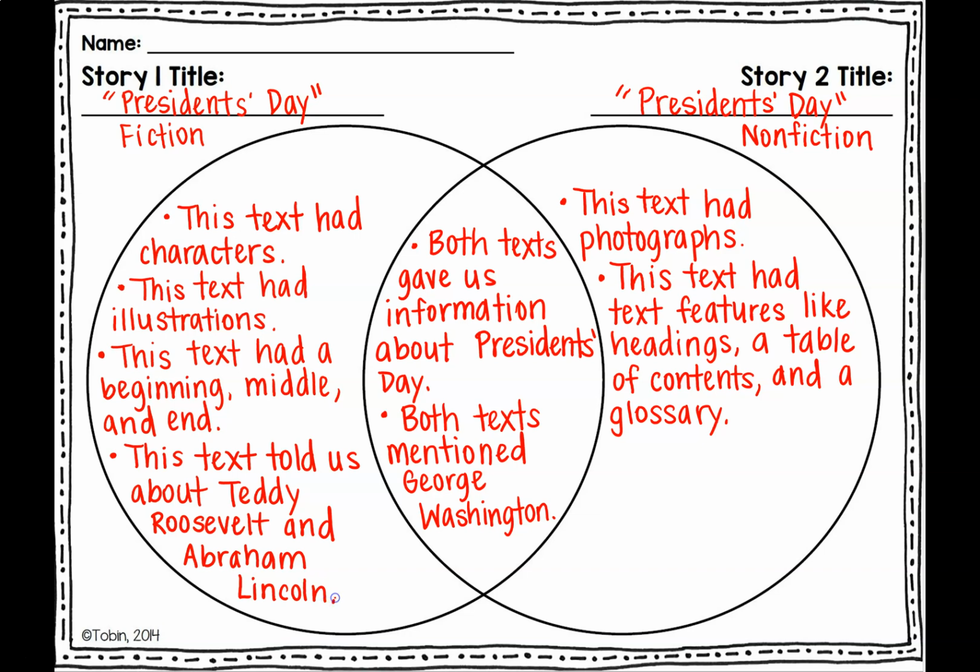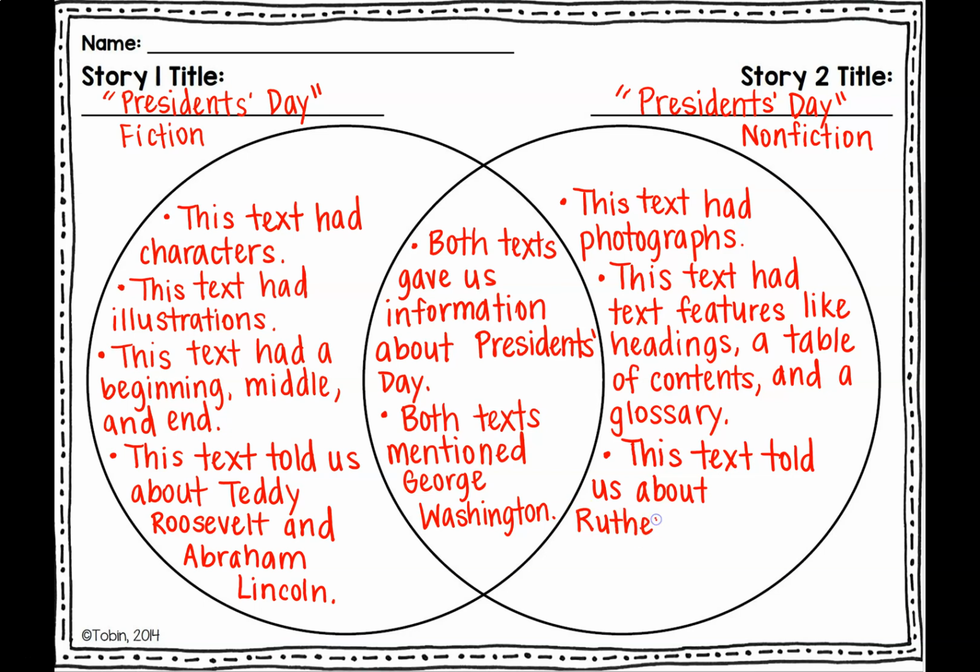Okay, but our nonfiction book mentioned different presidents. So we already know they both mentioned George Washington. And the nonfiction book actually mentioned two presidents that you don't hear about super often. So this text told us about, so the first president's name was Rutherford, kind of a strange name.